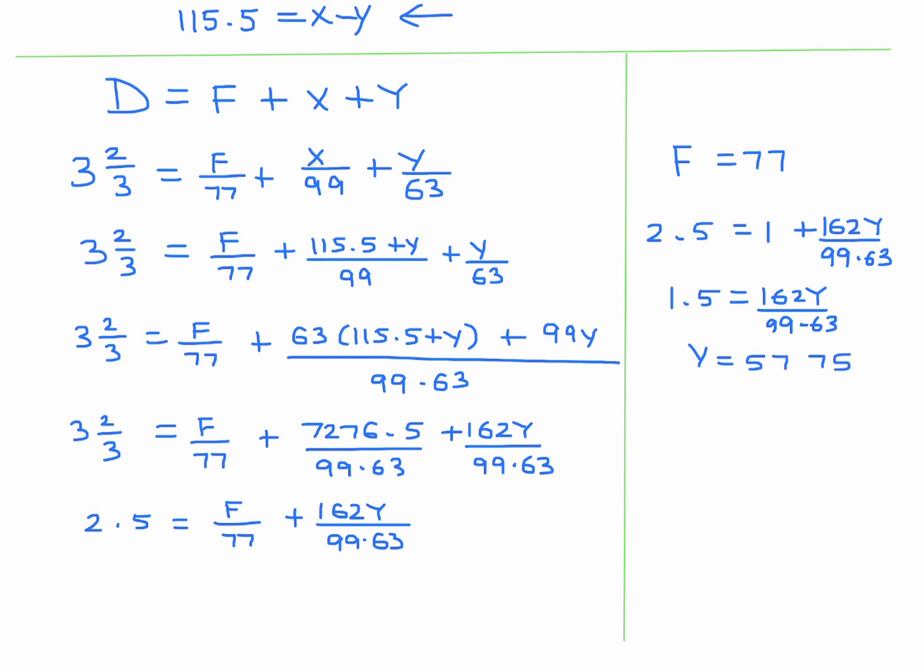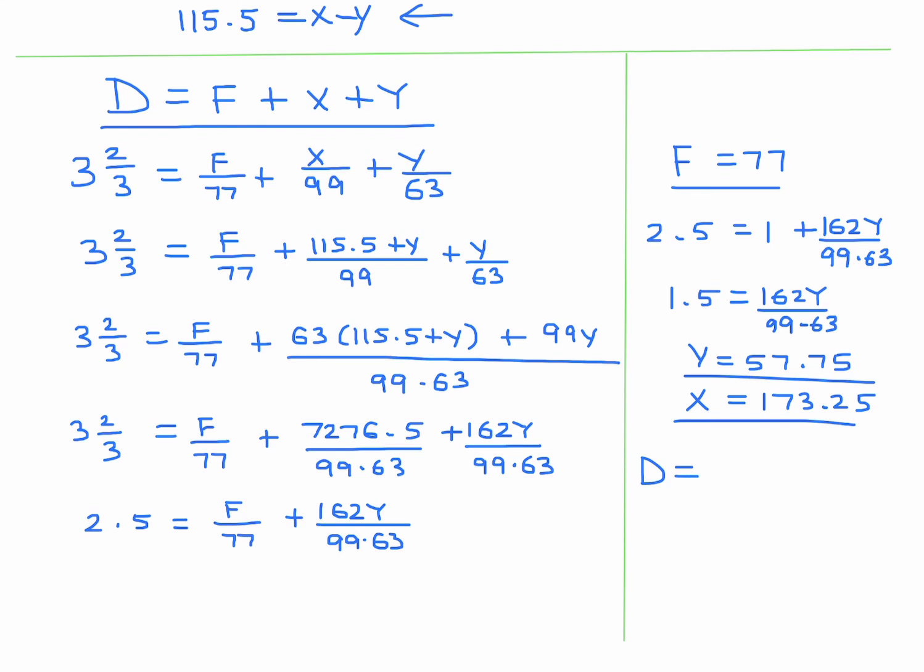And now I kept this in this screen for a reason. We can use that to figure out x, and when you plug y into there, you get x is equal to 173.25. All right, well, now I can go back and figure out what is d. d is f plus x plus y. This is f, this is x, and this is y.